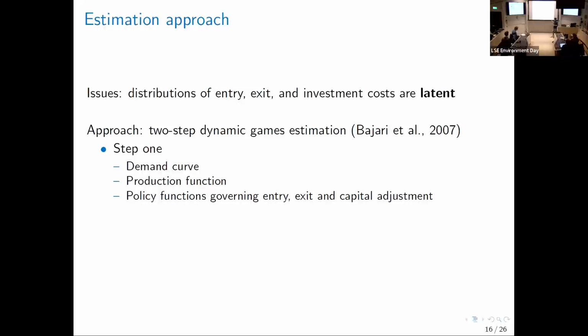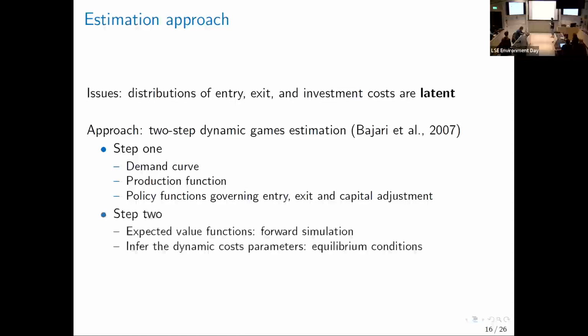And then I finally estimate policy functions to see how firms behave based on their state variables. In the second step, using all the results of the first step, I calculate the expected value function, and then I recover the remaining dynamic cost parameters. For today, I'm going to focus on the production function and the second step.